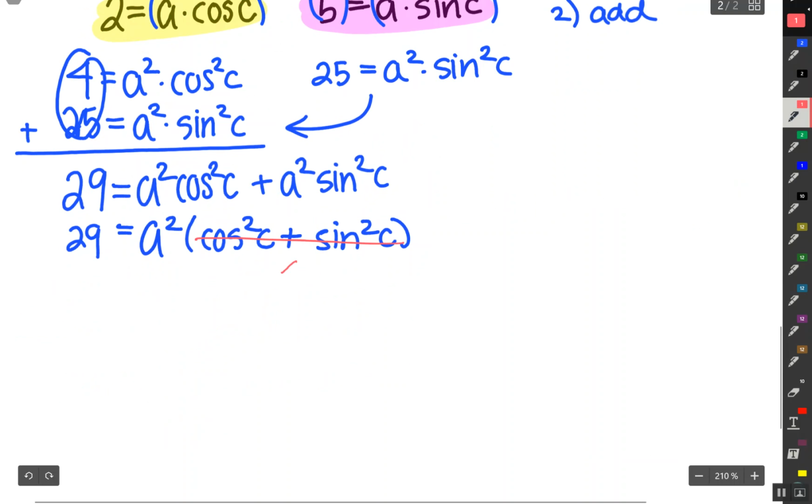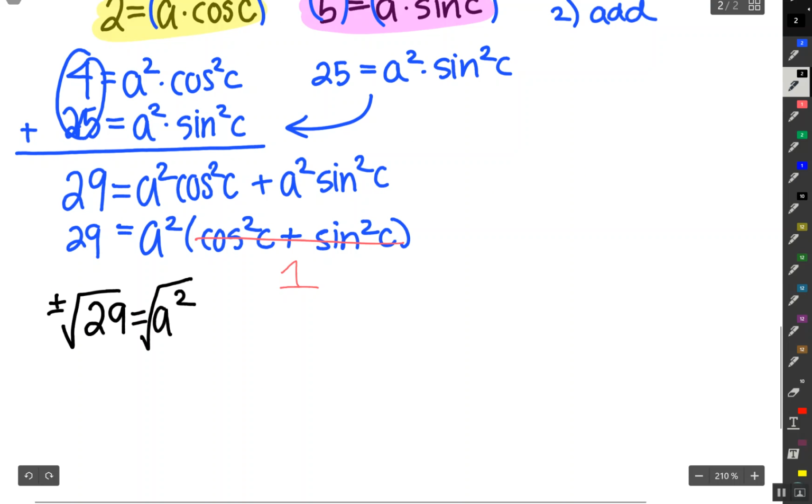So this whole thing is just 1. Essentially, because it's multiplying, it just goes away. So we have 29 is equal to a squared. Now we're going to take the square root, and we get that a is plus or minus the square root of 29.